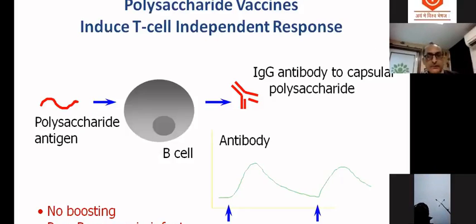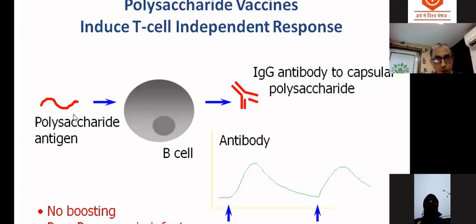Now let's come to the immunology of the vaccines, how really the vaccines work. This is a schematic diagram I have taken, basically for a polysaccharide antigen. Say you are injecting a DPT vaccine or a typhoid vaccine, a polysaccharide antigen.